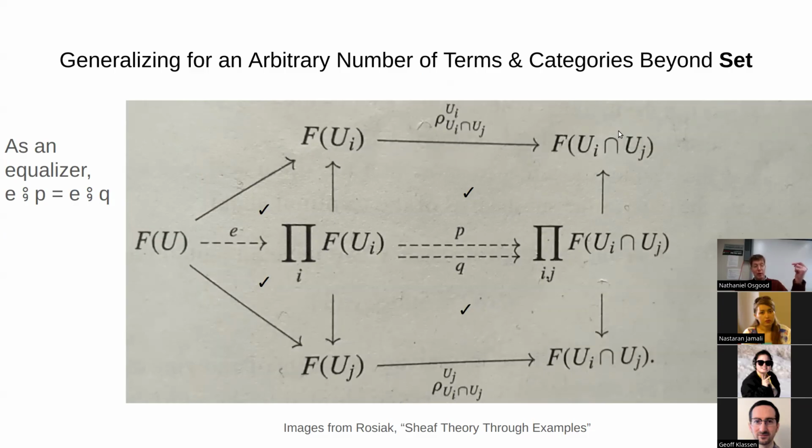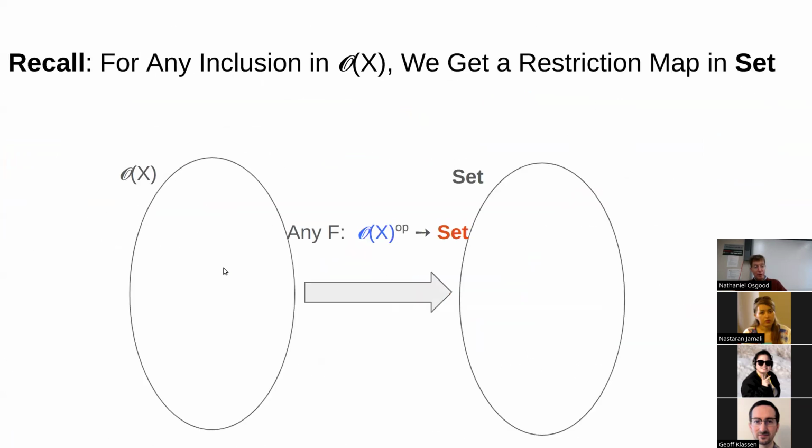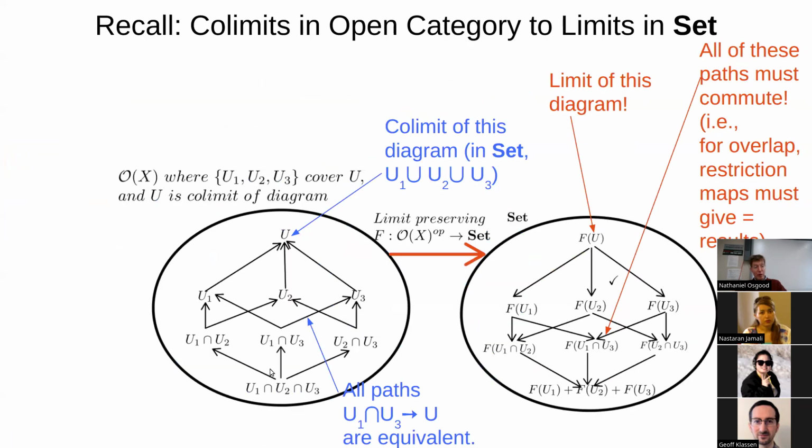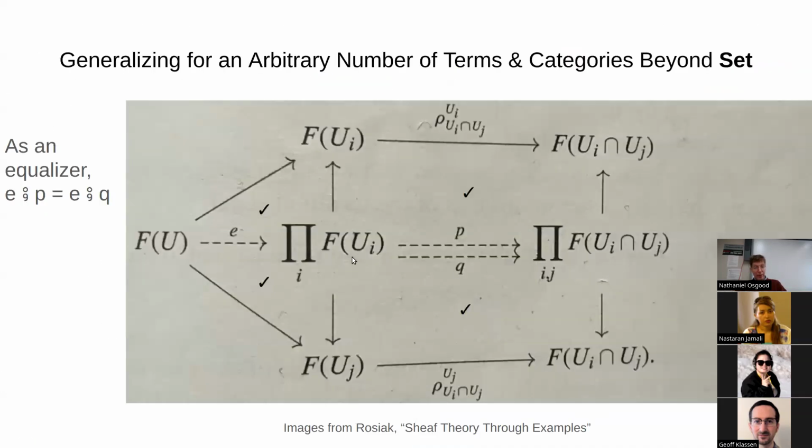Well, over in this category to the left, we have an inclusion from U1 intersect U2 into U1 and an inclusion into U2. That means that when we map them with this functor, we get a restriction map down. Are we comfortable with that? That's exactly what this is here. That's the restriction map down.